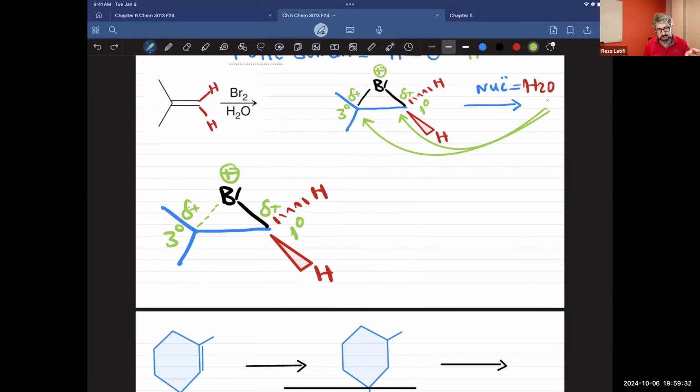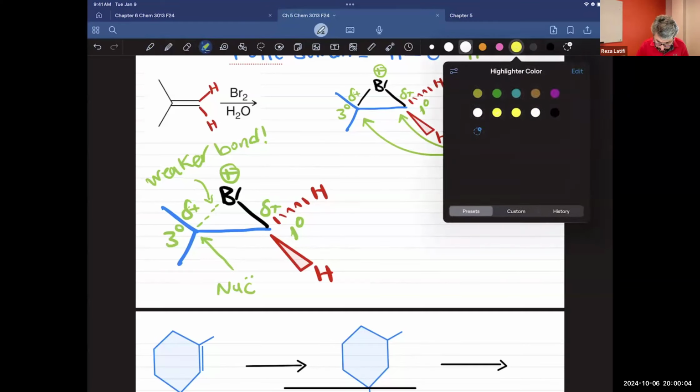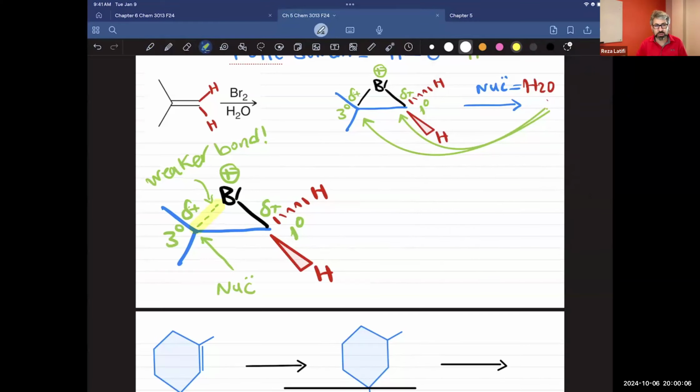It means this one is a weaker bond. When the nucleophile wants to attack these two carbons, it will find this carbon with more positive charge, attached to bromide through a weaker interaction or weaker bond. So this bond will be easy to break.